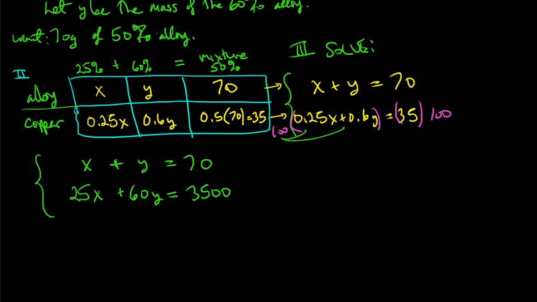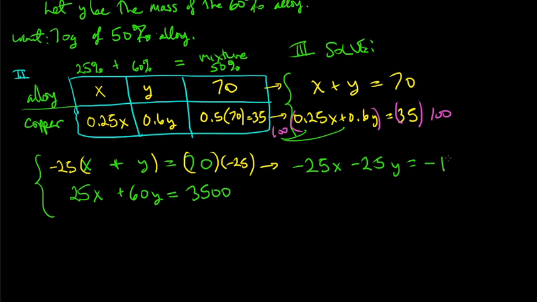Okay. Well, if we multiply the first equation by, let's say, negative 25, that'll cancel the positive 25 in the bottom equation. So the top equation becomes negative 25x minus 25y equals negative 25 times 70. My calculator says negative 1,750.